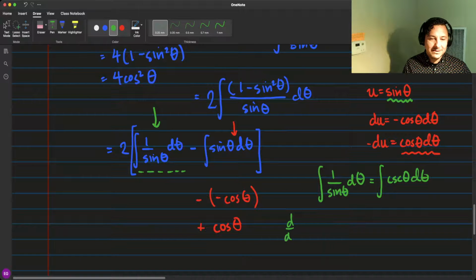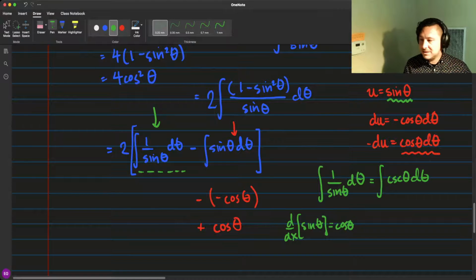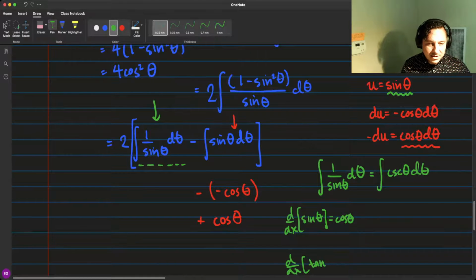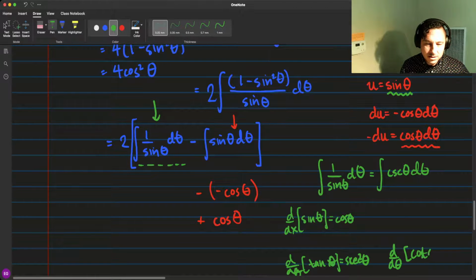Yeah, let's write them down. The derivative of sine equals cosine. Cotangent is minus... Yeah, the derivative... Okay, yeah. Because you know that the derivative of tangent equals secant squared, and the derivative of cotangent is minus cosecant squared.